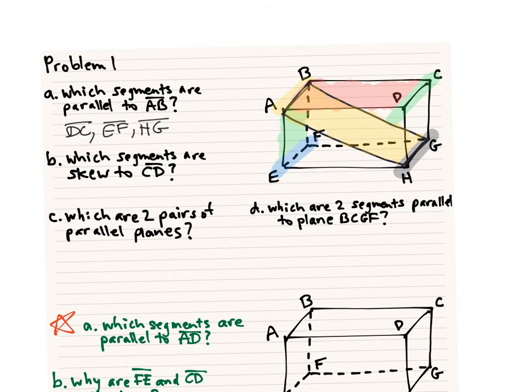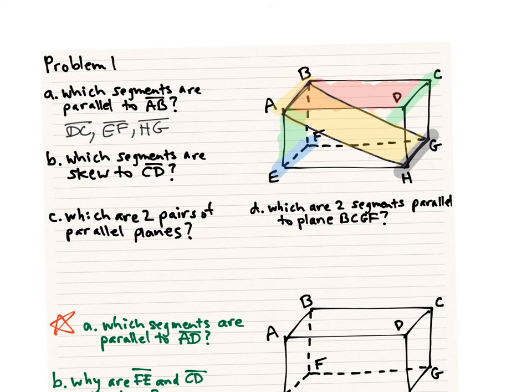The next question is which segments are skew to CD? All these are parallel because they share a plane. But if you look here, this line is on the same plane and it crosses this one. So they are not parallel because they're coplanar, but they intersect. But what about this FG?